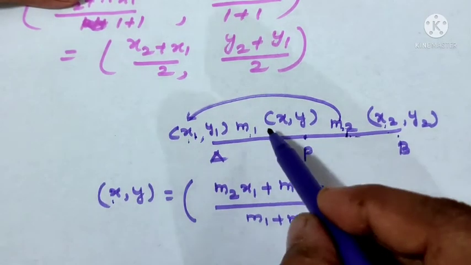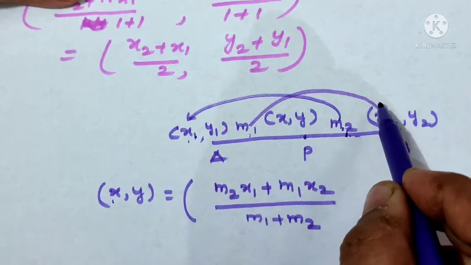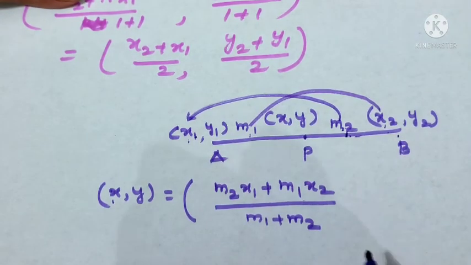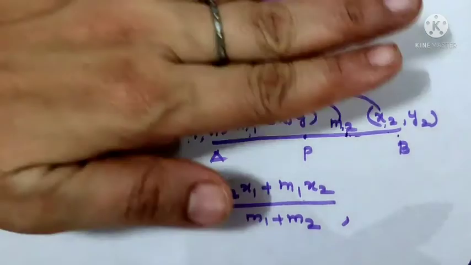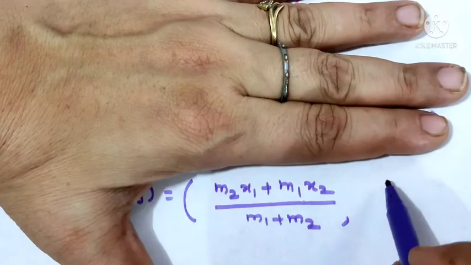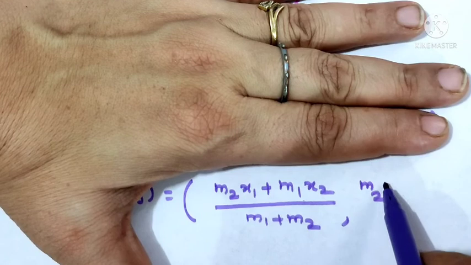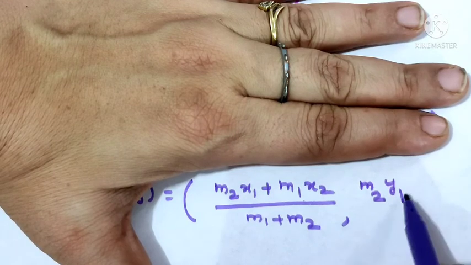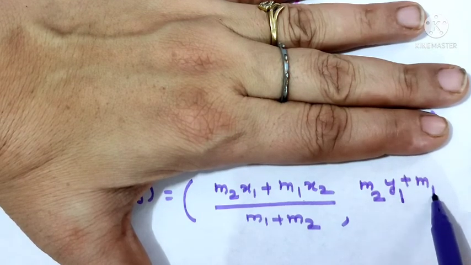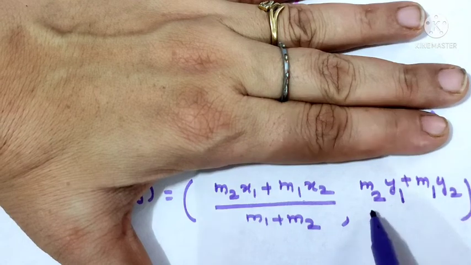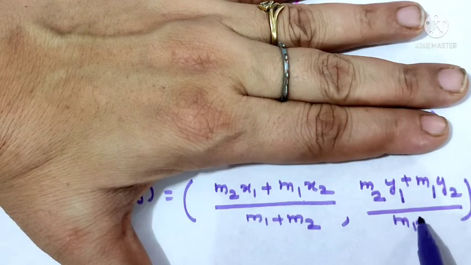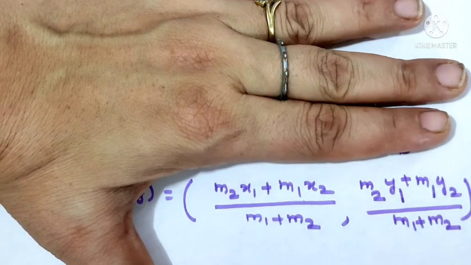Next m1 I have taken, x2 will be written. This is the coordinate. Similarly, without looking we can write now, m2 we are starting, y coordinate we can write m2 y1 plus m1 y2 divided by m1 plus m2.